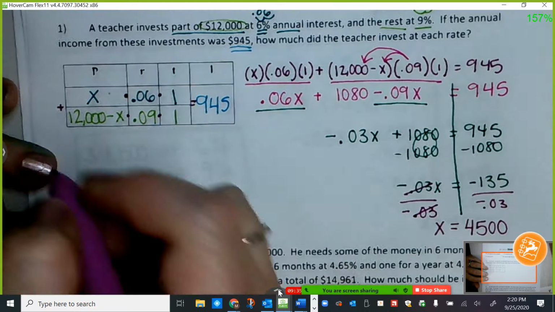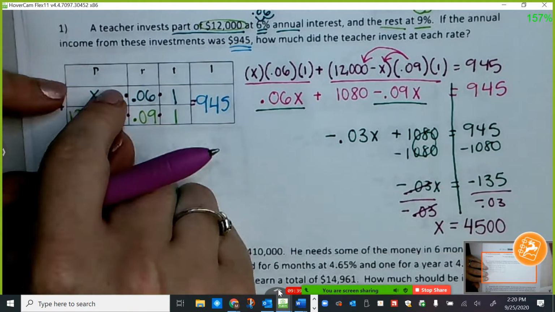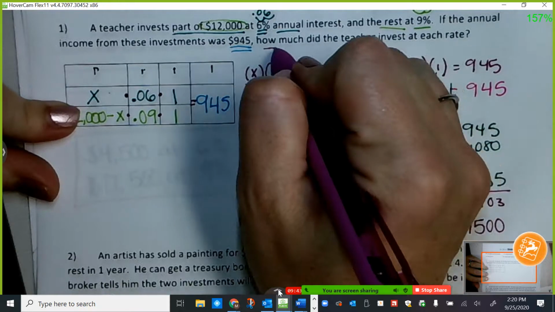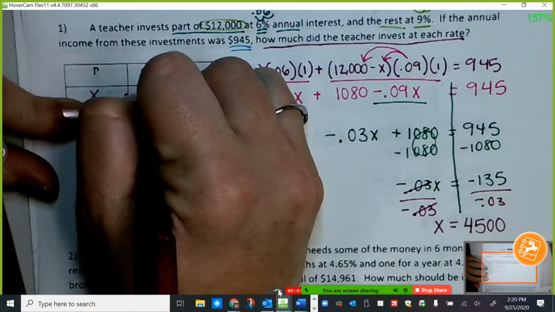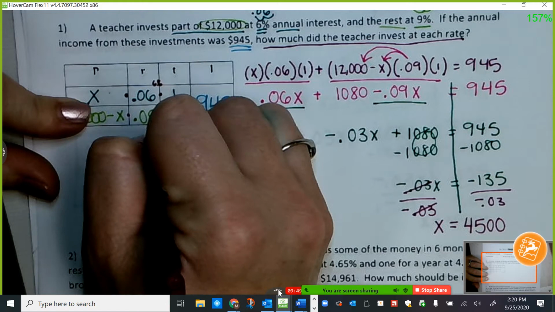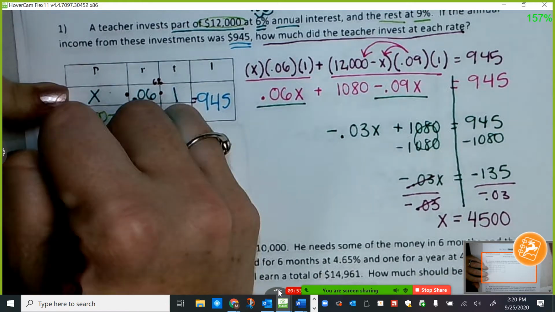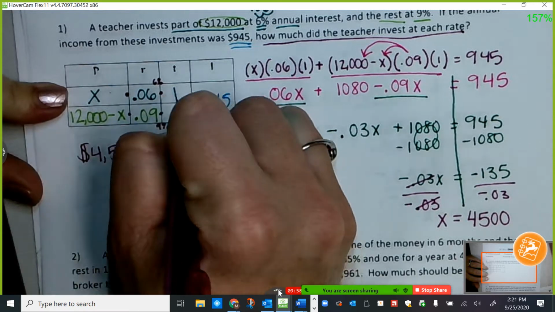Okay, so we know we're going to plug this back in, because aren't we looking for these first two boxes? Because it says how much did the teacher invest at each rate. So this first one was 6%, the second one was 9%, so X is at 6%. Well, X is 4,500 at 6%.